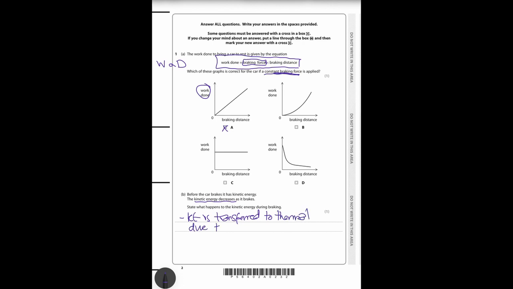And then I've got to say, during braking, it's transferred to thermal in the surroundings. Due to friction, I've got to say what is the friction between, well in this case it's going to be between the brake pads and the wheels.